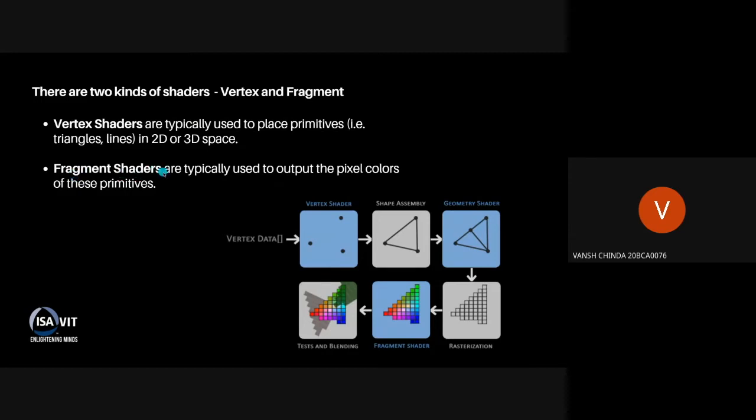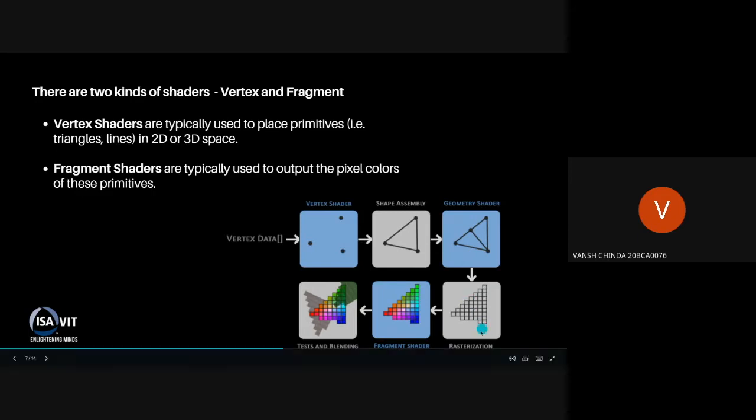And then there are fragment shaders. Fragment shaders are typically used to output the pixel color of these primitives. Now you have to encode fragment shaders. You can't just write, for this first pixel I want green, for the second pixel I want this color. This is not possible. That's why we use fragment shaders.